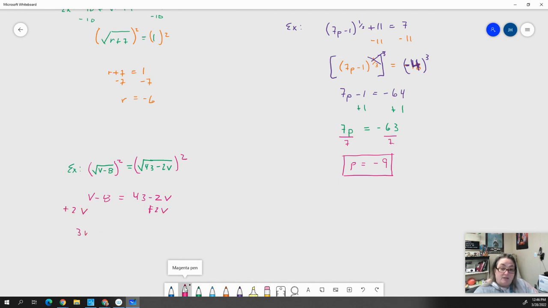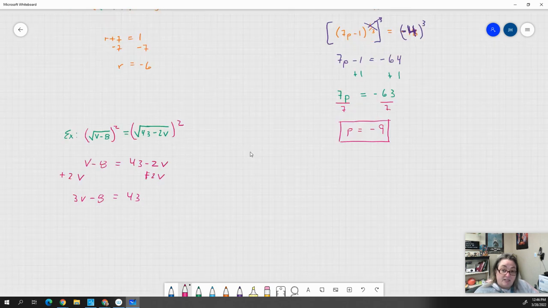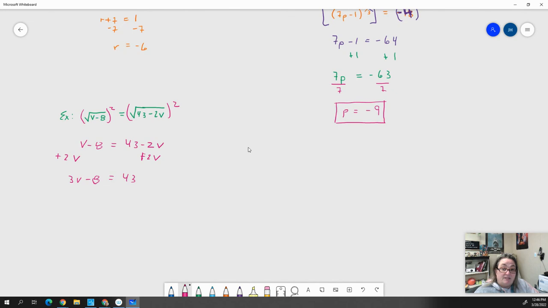And here we're going to get 3v minus 8 equals 43. And then we're just going to keep going until we get v all by itself, right? Plus 8, plus 8, and we get 3v equals 51. And then we can divide by 3. And we get v equals 17.